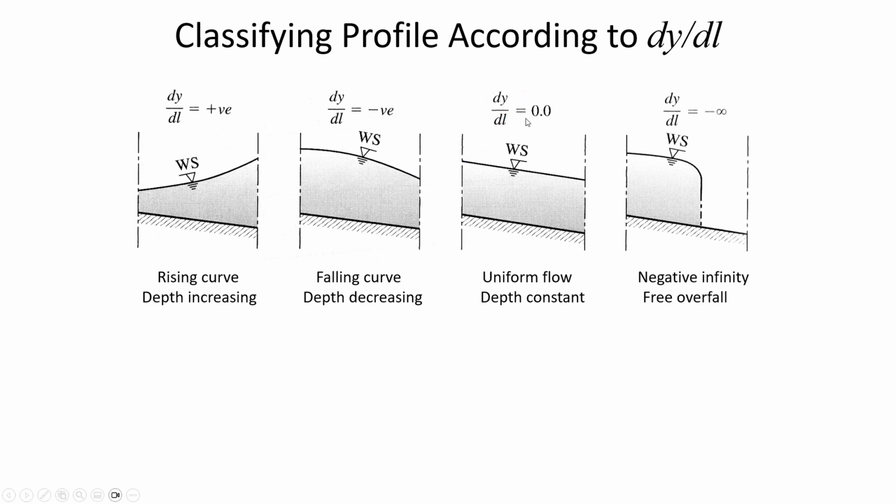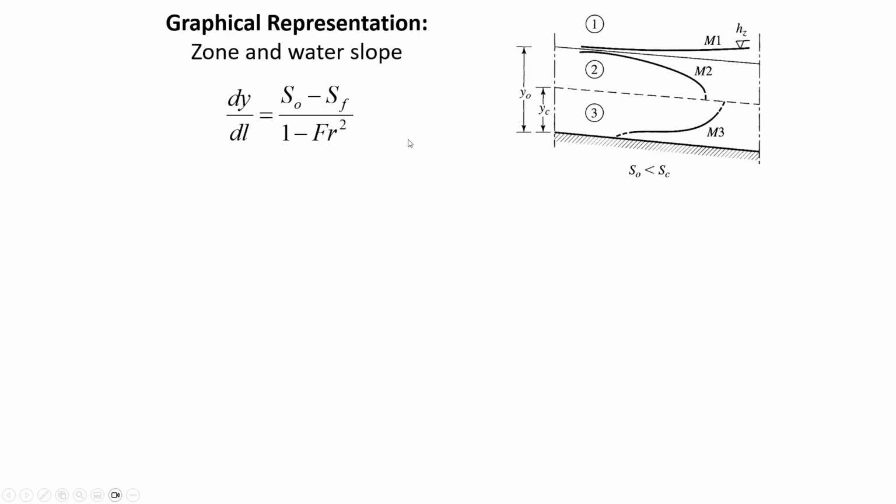If dy/dl is 0, then you've actually got uniform flow, meaning that the conditions may be steady and uniform, so maybe you could just go ahead and use Manning's equation. And a dy/dl that's negative infinity means that water's flowing over the edge of some cliff. So the main 2 we care about are these first 2, positive and negative.